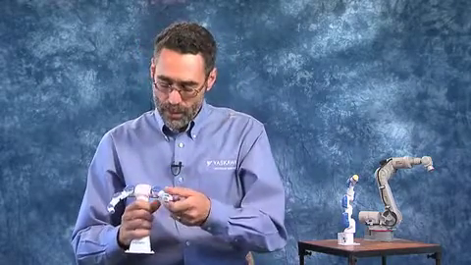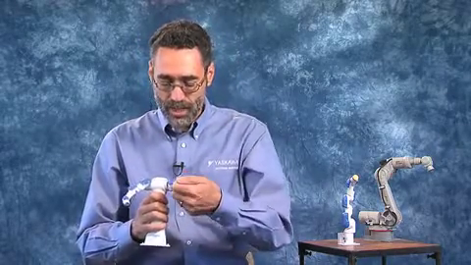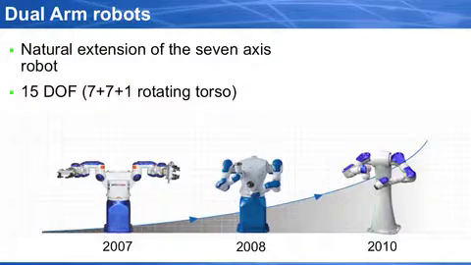You know, a dual-armed robot was the natural extension of the 7-axis machine. This 15 degree of freedom is just 2 of the 7-axis devices on a common rotating torso. So likewise, there is a family of dual-armed robots from 5 to 10 to 20 kilograms in payload.